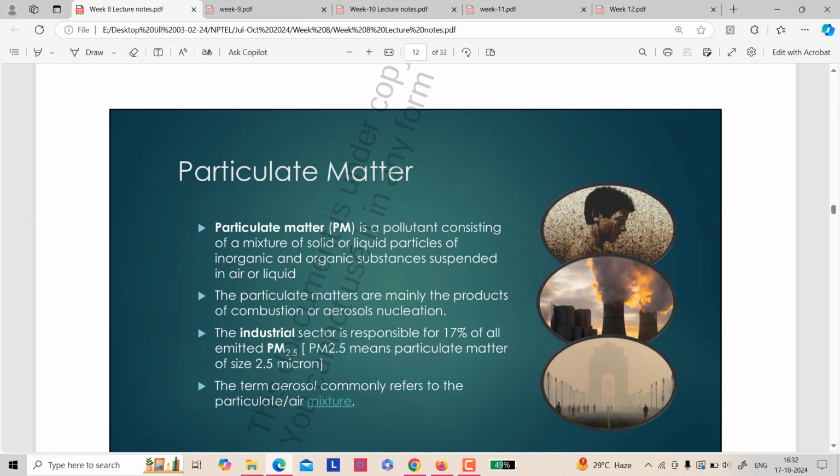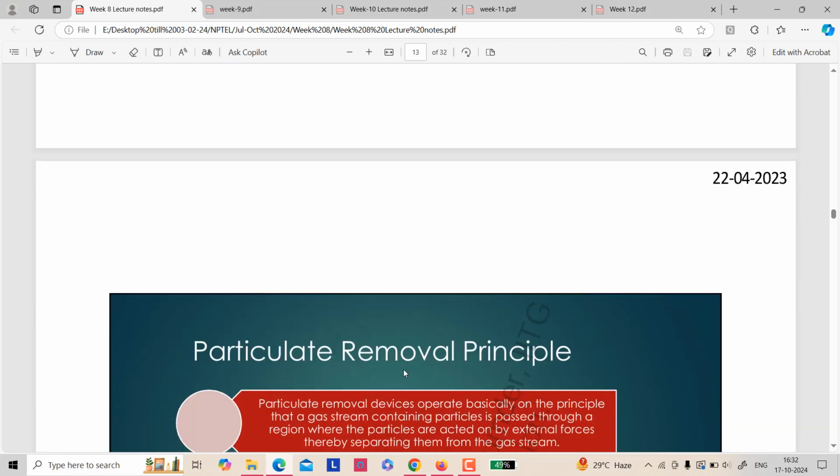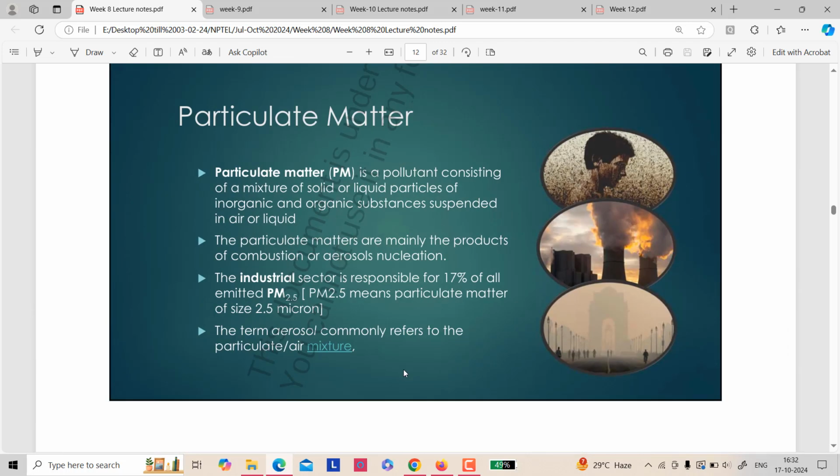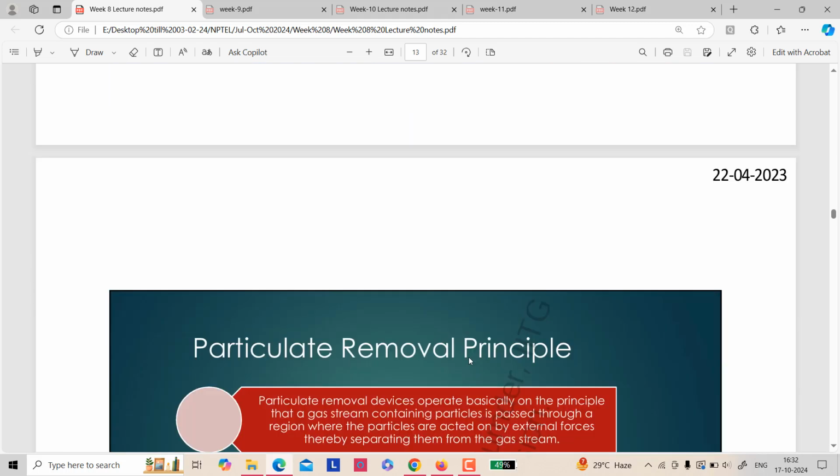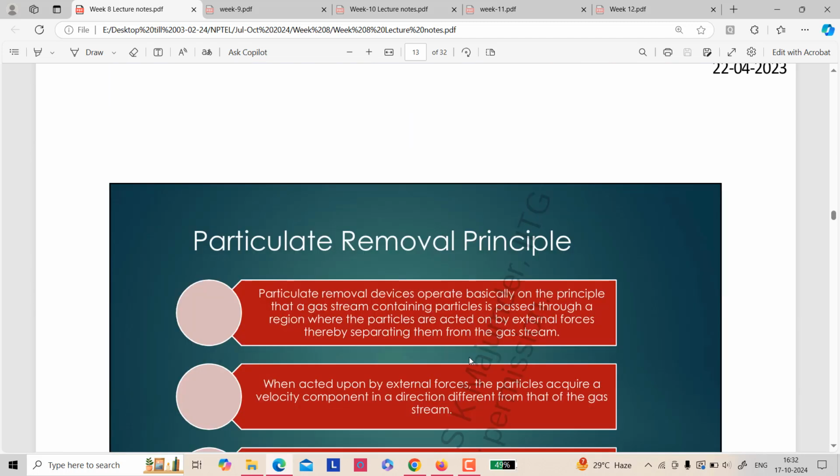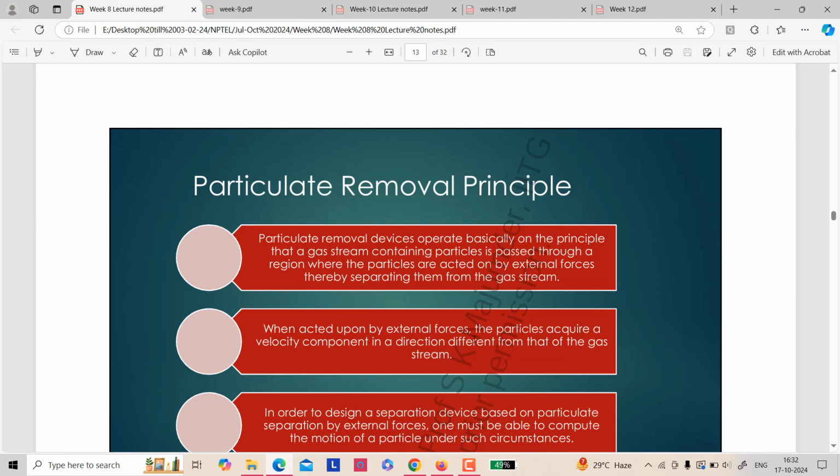The industrial sector is responsible for 17% of all the particulate matter. This is with 2.5 micron to 10 micron. Particles always float in the sky or in the environment, so these need to be removed.